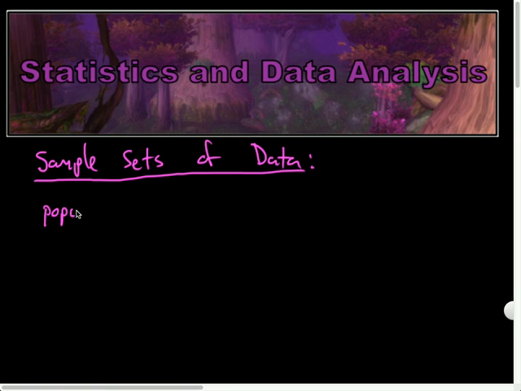In statistics, let's talk about what I mean by population. Population in statistics does not always refer to a group of people. It refers to the entire set of values being considered.